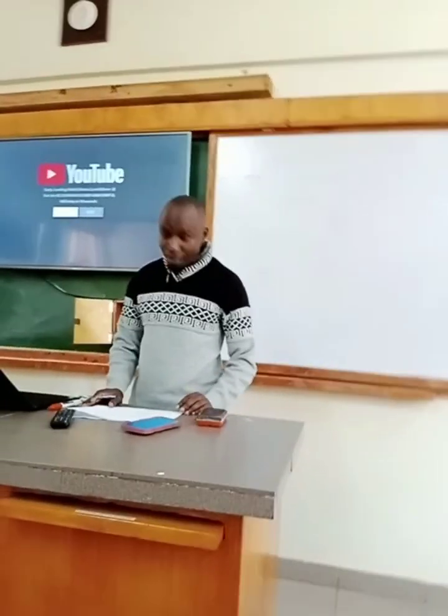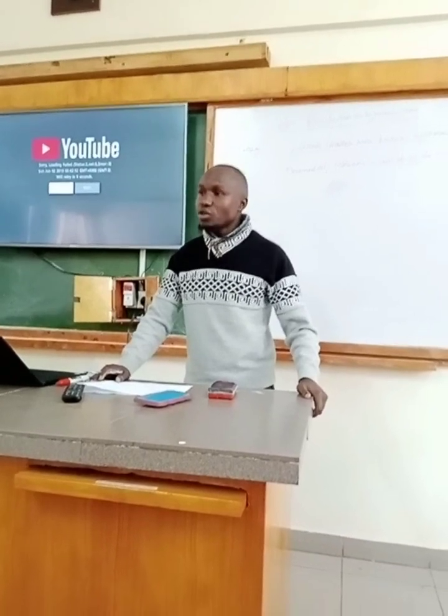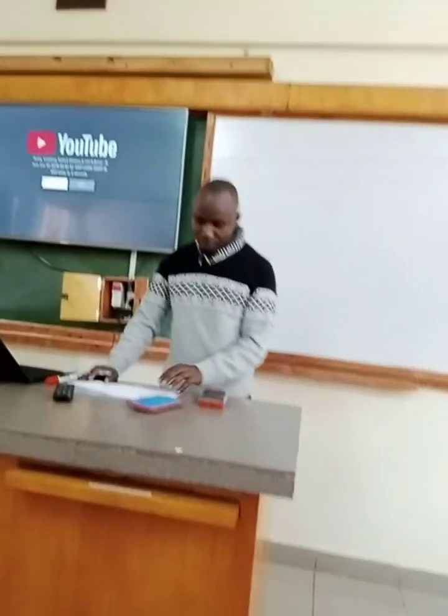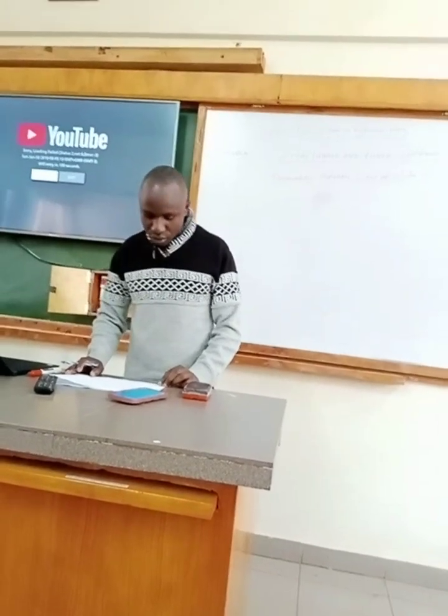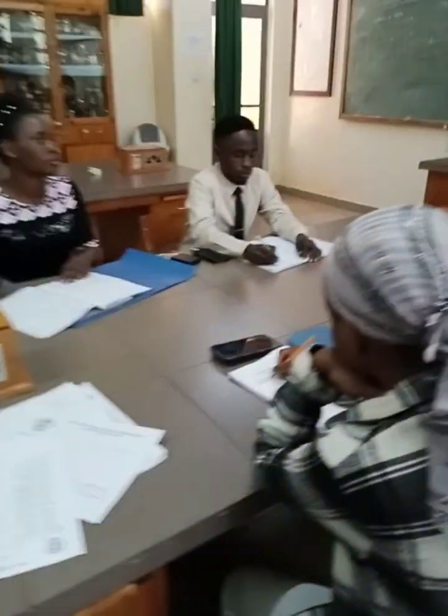By the end of the lesson, you should state the role of diffusion in living things. That's one of our objectives. Number 2, discuss the law of diffusion in living things. Number 3, as students, we should use the internet for information on the role of diffusion in living things.